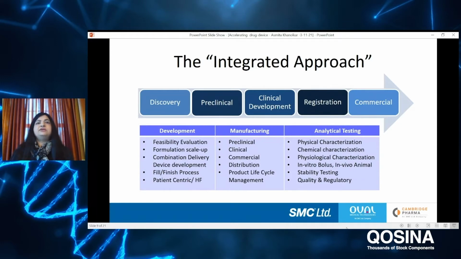And if there is this way of being able to integrate development, manufacturing, and testing, this opens up a huge path to reduce the development timeline, and also helps in getting some potential cost savings along the way by avoiding some of the pitfalls and avoiding some of the delays through the program.